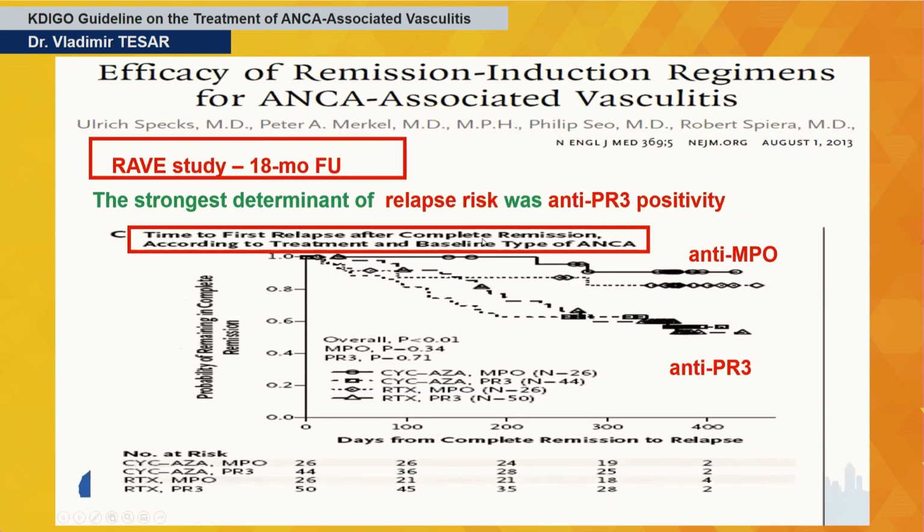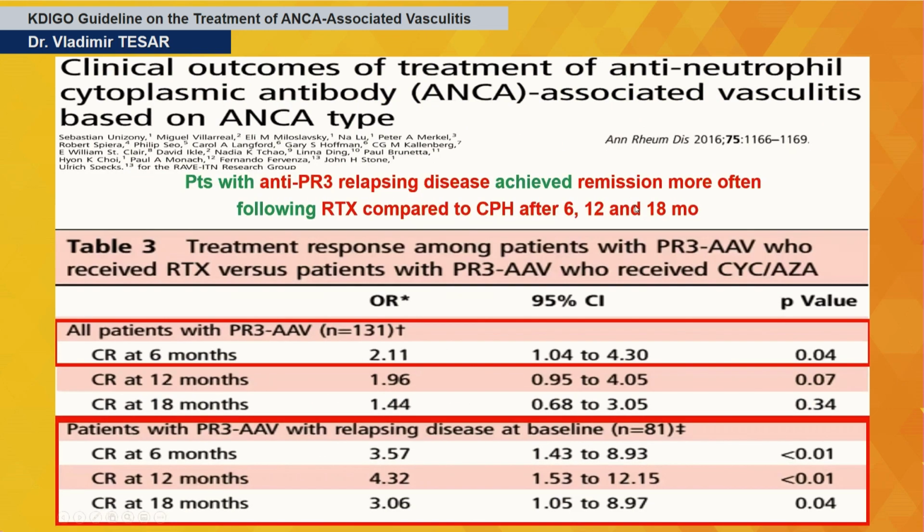What was even more important were the long-term data from the RAVE study, which confirmed the well-known fact that the strongest determinant of relapse risk was the presence of anti-PR3 positivity. But in this subgroup of PR3-positive patients with relapsing disease, rituximab was better than cyclophosphamide, not only after 6 months, you see the hazard ratio, but also after 12 months and 18 months.